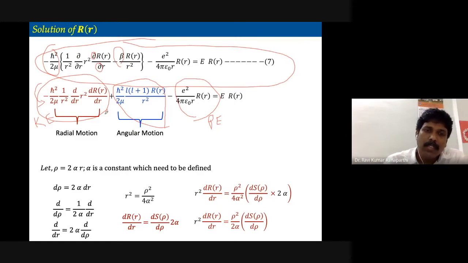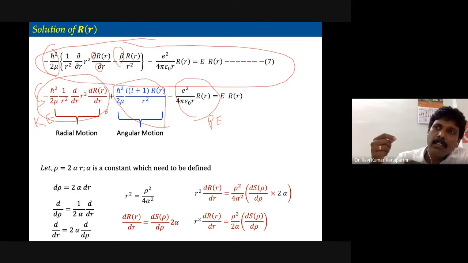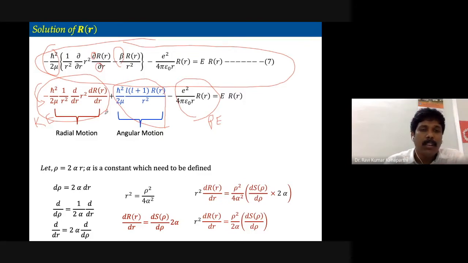So as it is moving away from the nucleus or close to the nucleus, it doesn't matter, the angular motion will always be associated with this radial motion. That is why this particular term, the blue color, the way it is appearing is exactly like a potential energy, 1 over r square. What are those numbers?